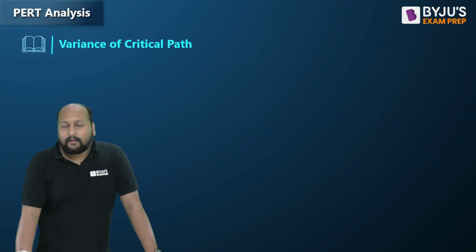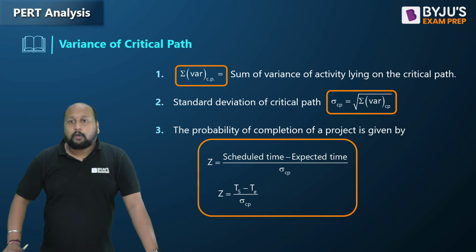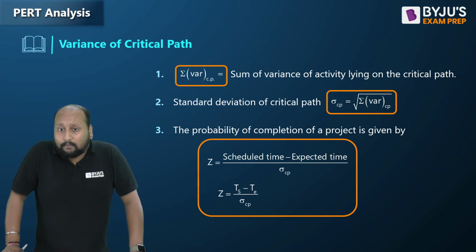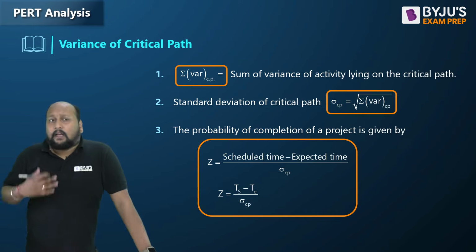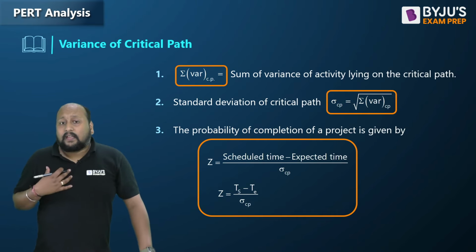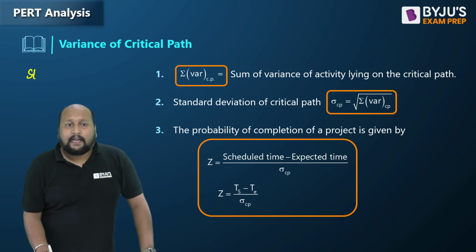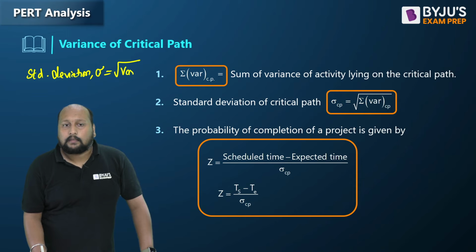So we are quite certain that the variance of the critical path is the sum of the variances of all the activities lying on the critical path. Once we are done with the variance, we know that standard deviation is equal to the square root of variance. This we have studied.